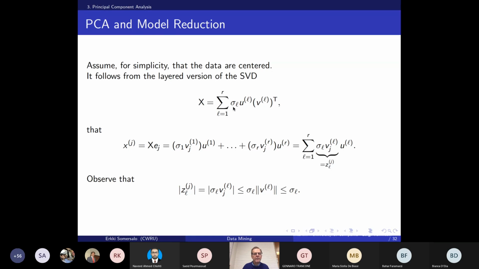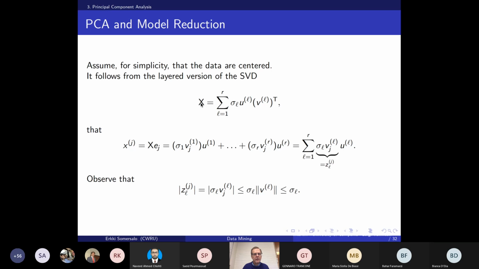So we have this layered view of the singular value decomposition. This is one way of writing it: X can be expressed as a linear combination of rank 1 matrices, UL VL transpose, and the coefficients are the singular values.